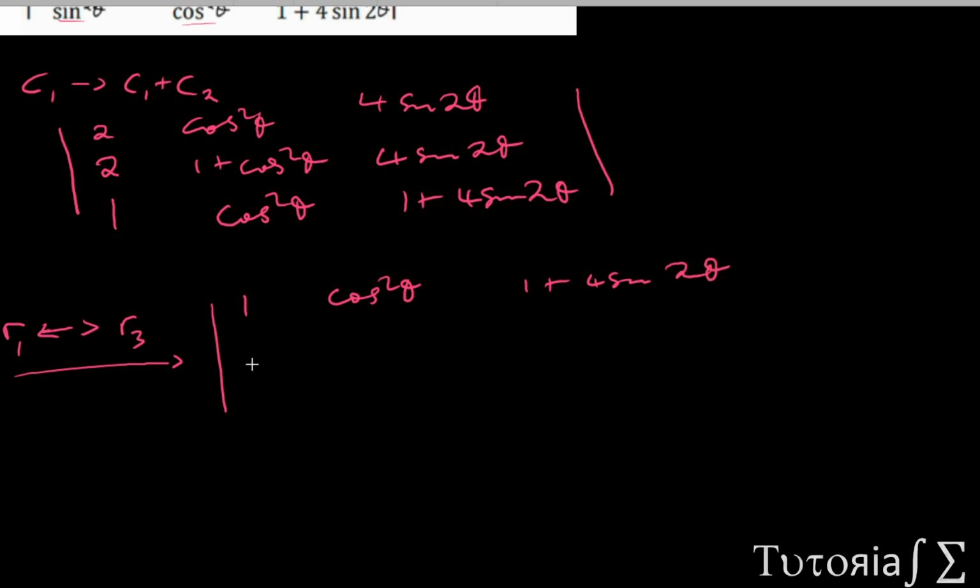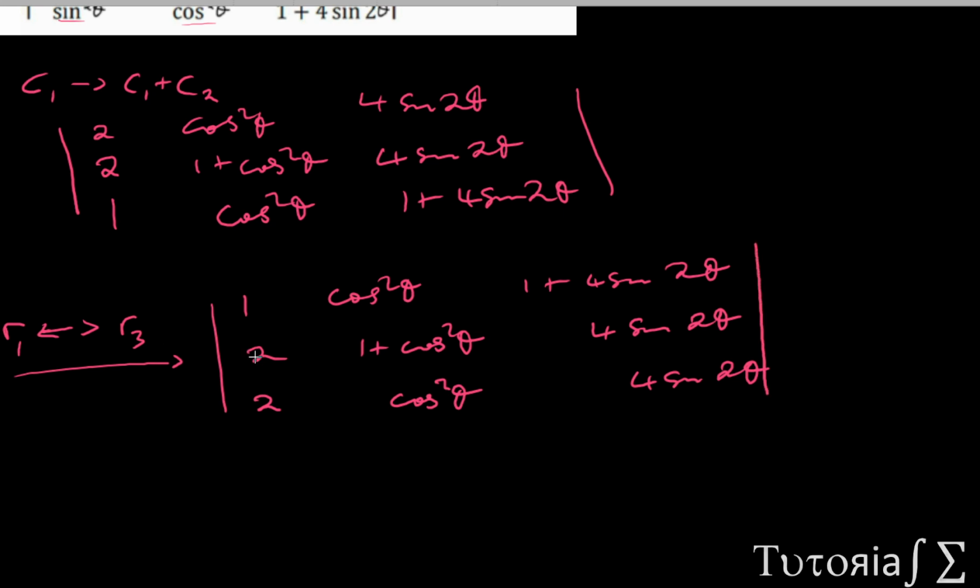Then down here we have 2, 1 plus cos squared theta, 4 sine 2 theta. Then row 3 will be 2, cos squared theta, then 4 sine 2 theta. All right, so that will be that.